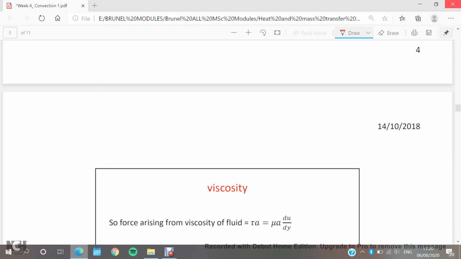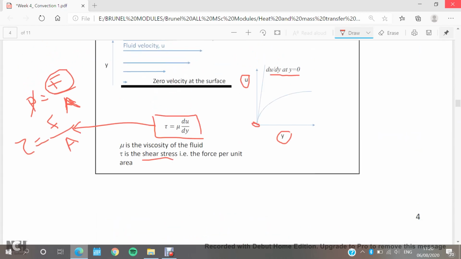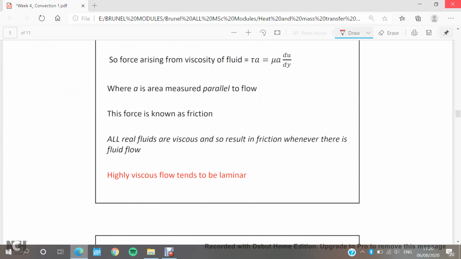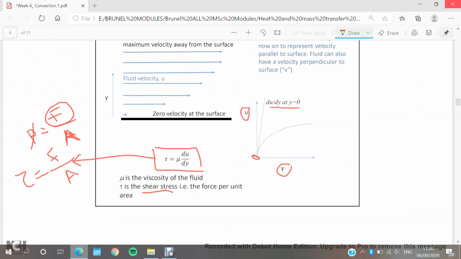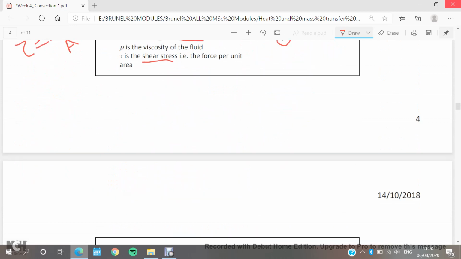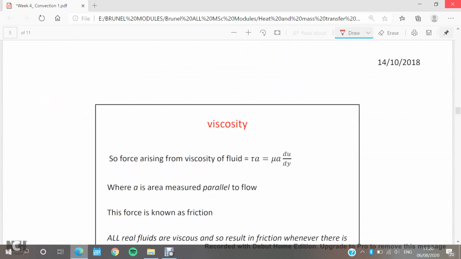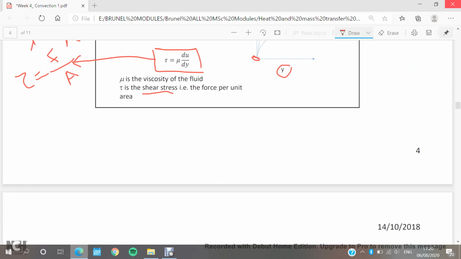We call it a small a here just to distinguish it from the normal pressure area. So if I multiply tau times a, it is equal to the shear force, which is equal to mu a du by dy, because I have the shear stress mu du by dy.